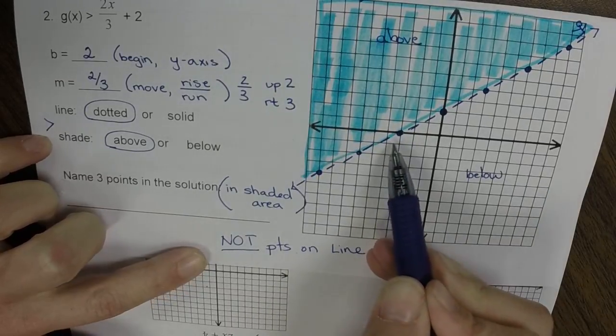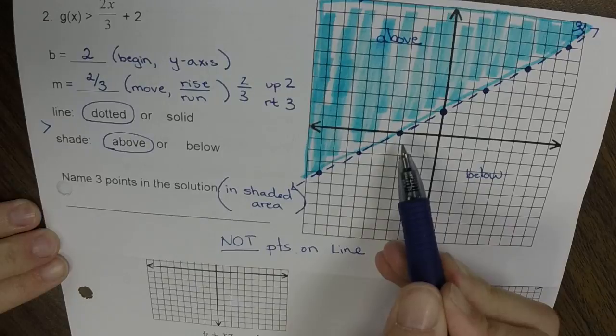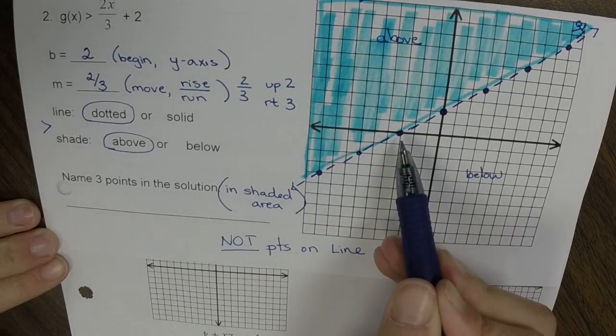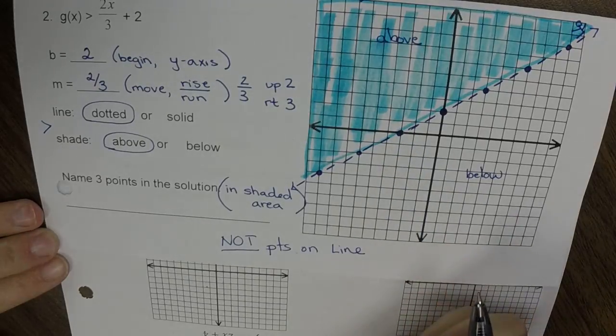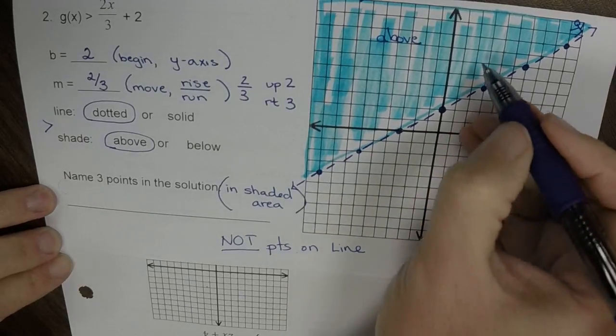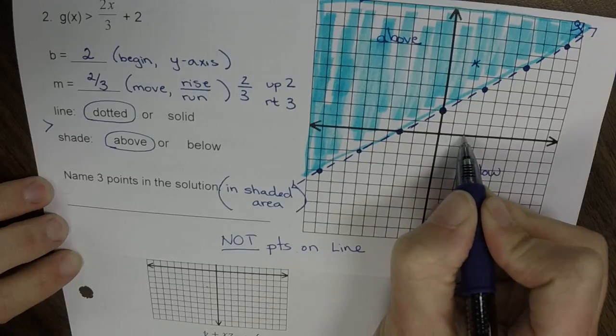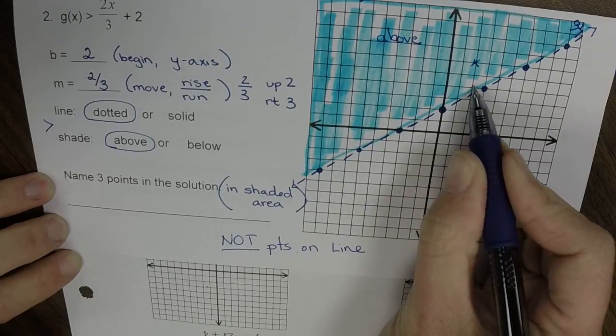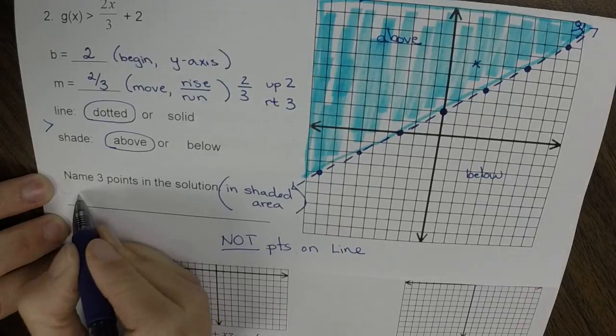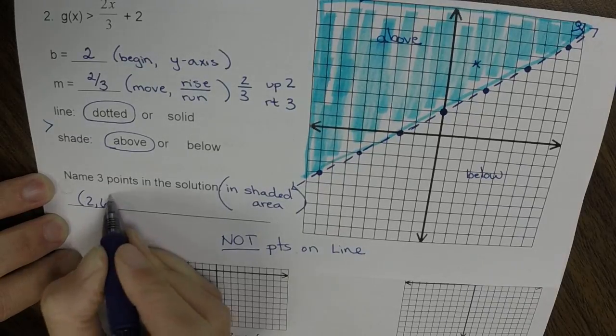Because it's a dotted line, that means the line does not count as part of the solution. So, I could just pick any points. So let's say I pick this one. So that would be 1, 2, and then 1, 2, 3, 4, 5, 6. So I'm going to pick 2, 6.